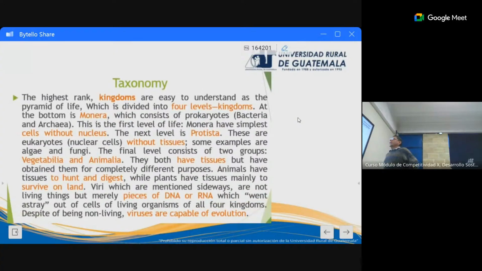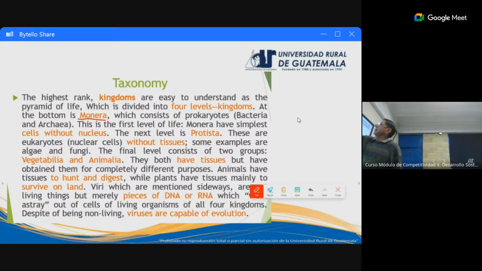Okay, what is taxonomy? Let's check this information here. The highest rank, the kingdoms that we saw in the previous image, are easy to understand as the pyramid of life, which is divided into four levels. At the bottom, as we saw, was Monera, which consists of prokaryotes, bacteria, and algae.